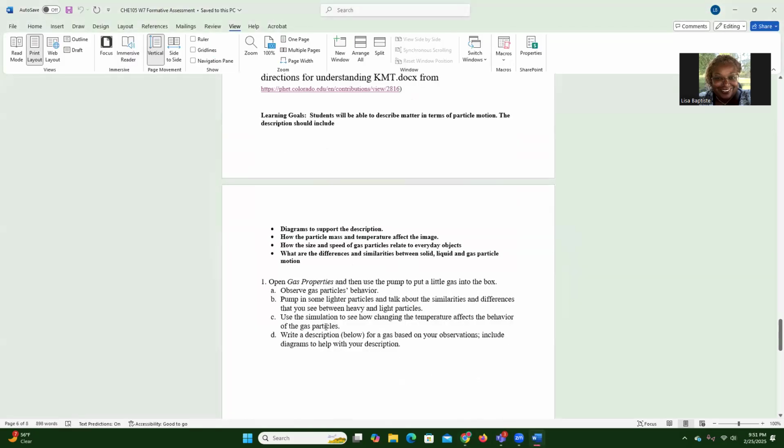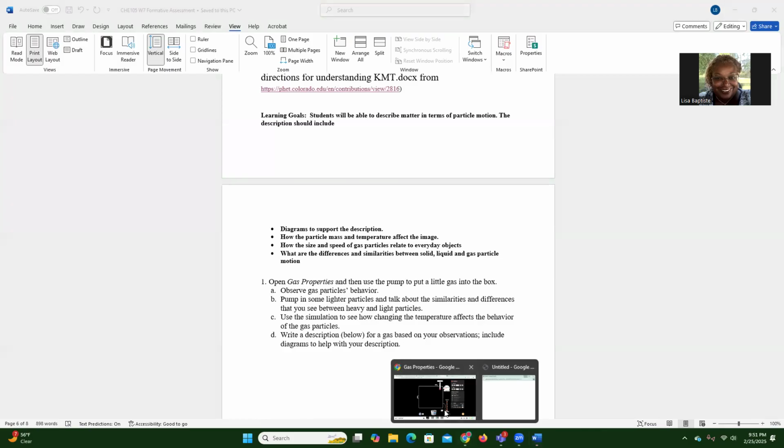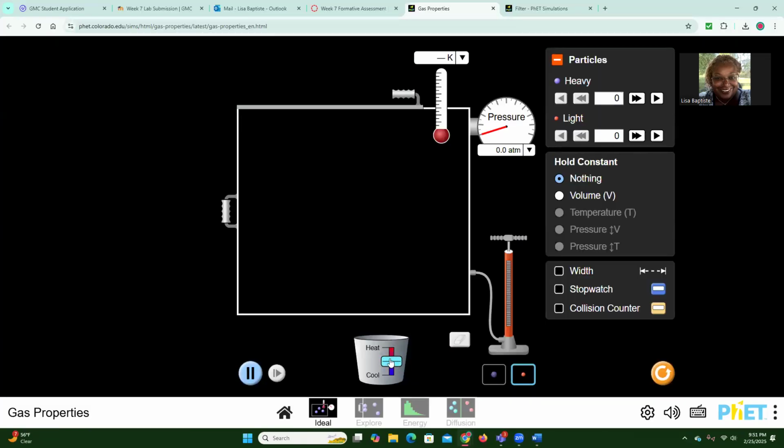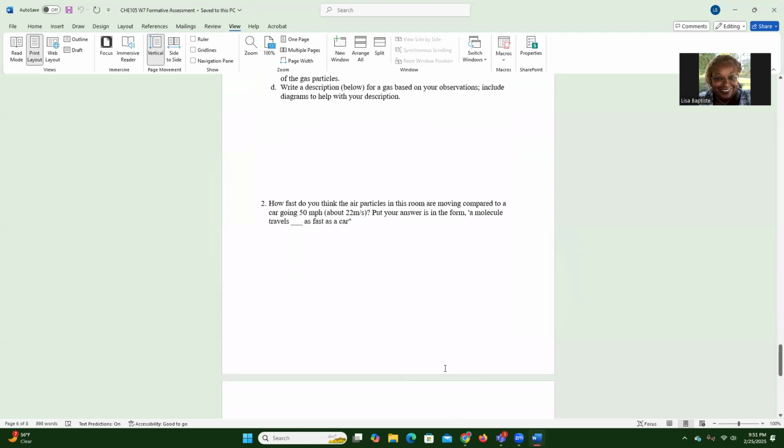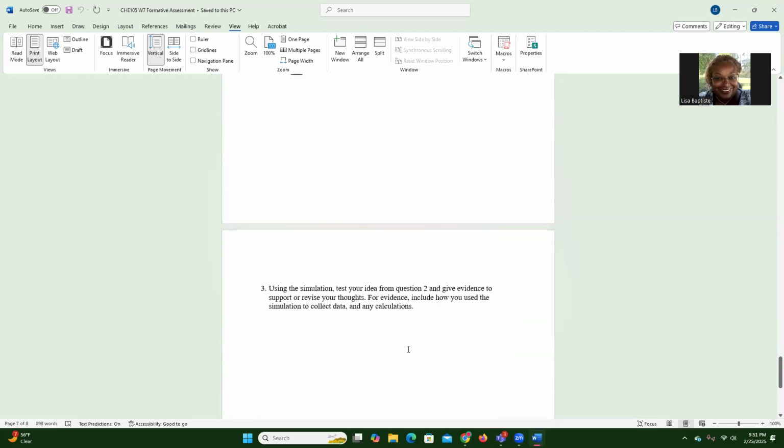Okay, and then it says you're going to use a simulator to see how changing the temperature affects the behavior of the gas particles. Okay, and so I showed you that as well. So this changes the temperature, or you can put this in Celsius. Okay, so you can either make it cold or you can make it hot. Okay, so that will be changing your temperature of that, and then you're going to write a description, okay, about that, and then answer the questions based on that.